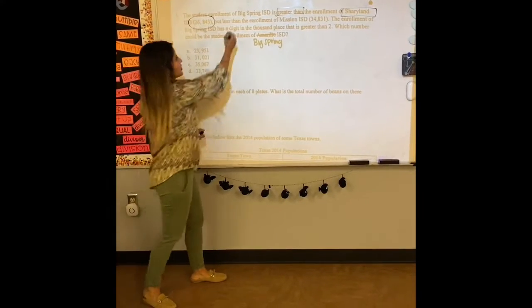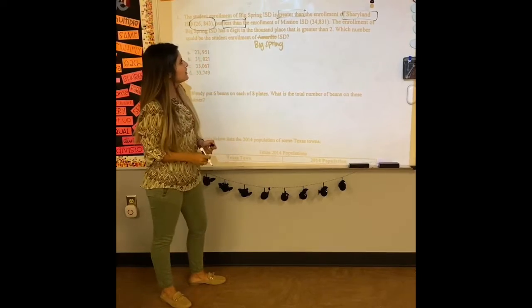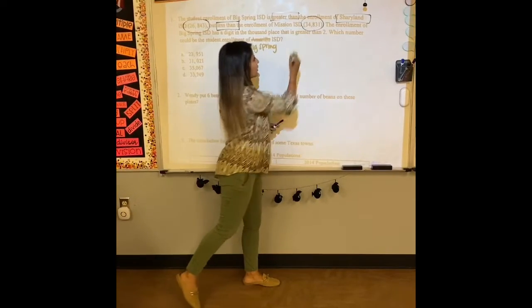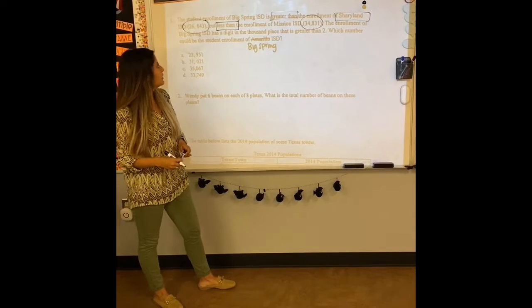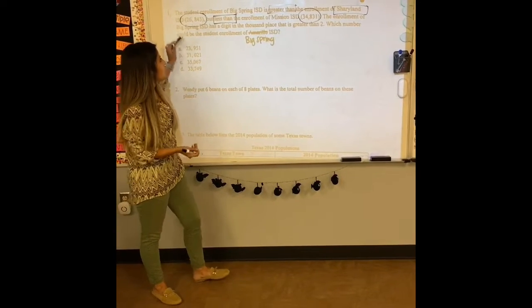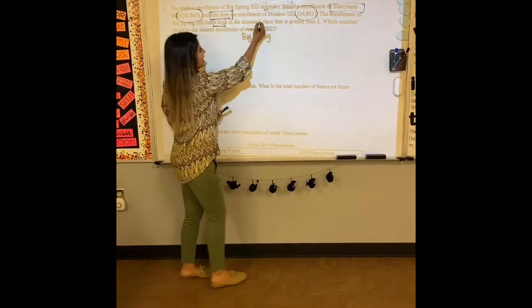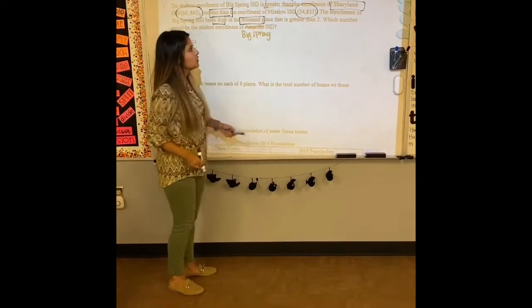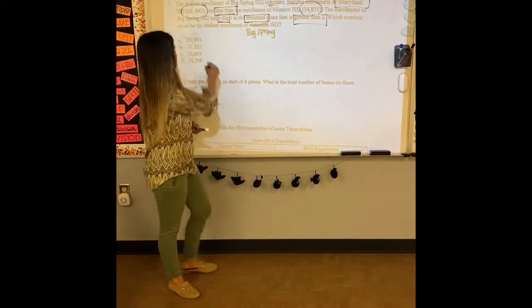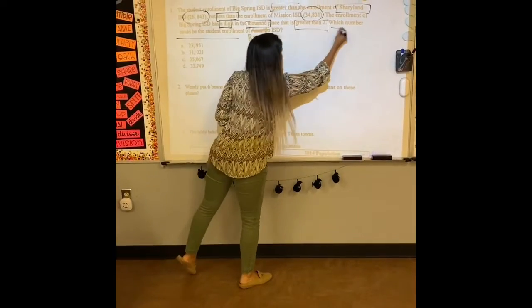But it is also less than, smaller than the enrollment of Mission ISD that has an enrollment of 34,831. The enrollment of Big Spring ISD also has a clue. It has a digit in the thousands place value that's greater than 2. We want to know which could be the student enrollment.